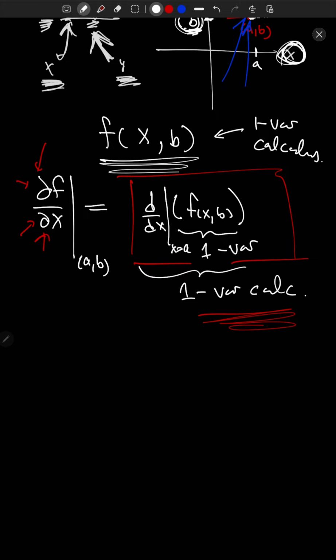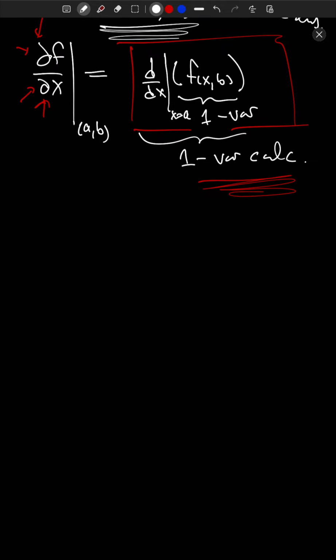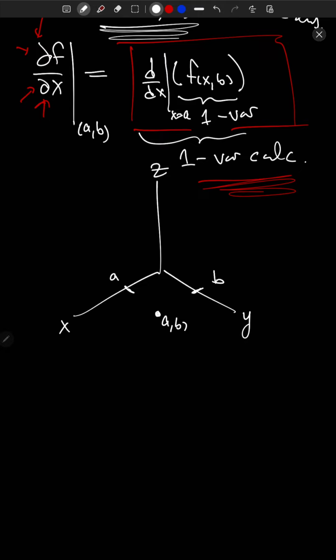Before we do any pictures, before we do any computations, let me show you a picture of what's going on. Let me draw a three-dimensional picture, x, y, z. So let's say our point of interest is right there, a comma b, right? So here is a, and there's b. So what are we doing? We're looking at essentially values of f as we travel along this line right there, again, parallel to the x-axis, y is constant, right?